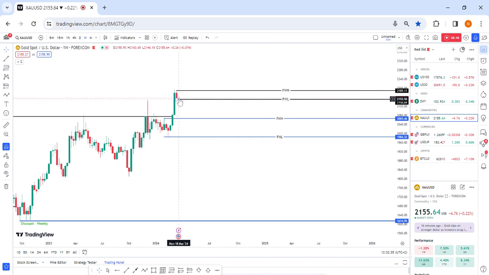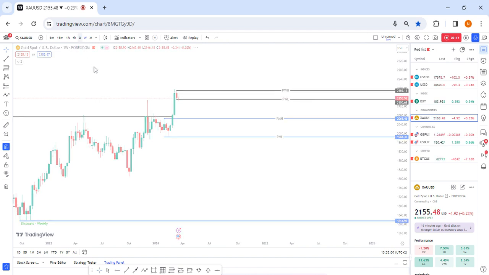Last week we saw bearish price action, so this week could we be looking to break this previous weekly low, maybe push down into some kind of range that we might find on the lower time frame, and then look to buy to break this previous weekly high to continue that bullish price run on the monthly time frame. Let's go down to our daily.